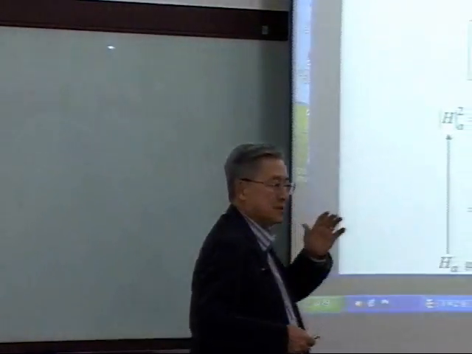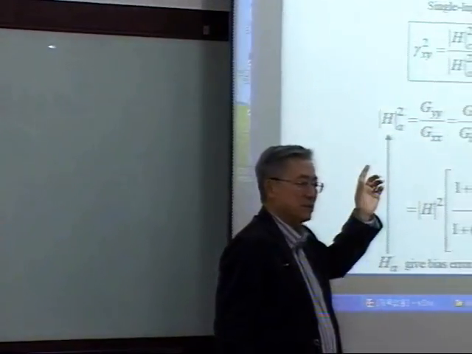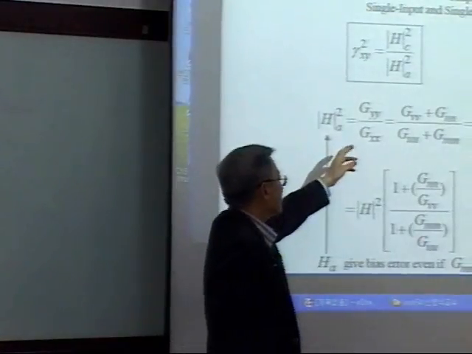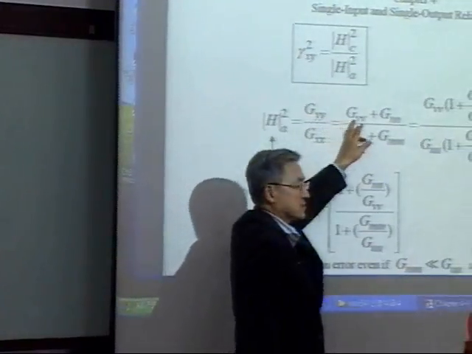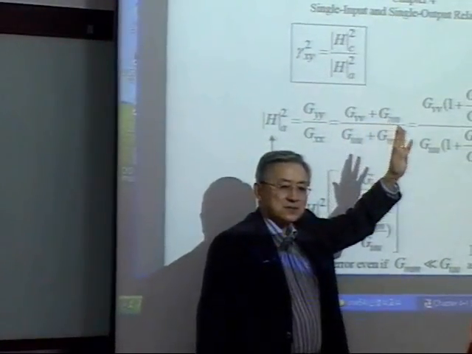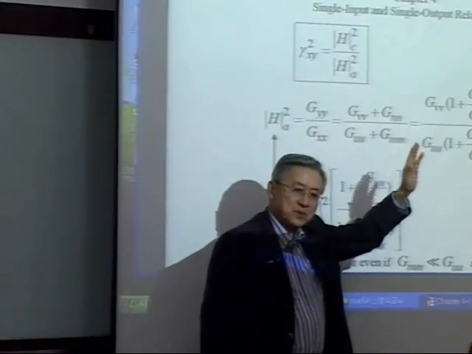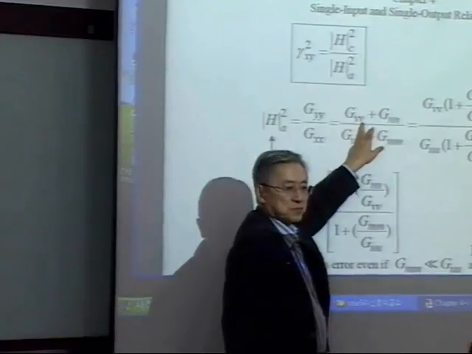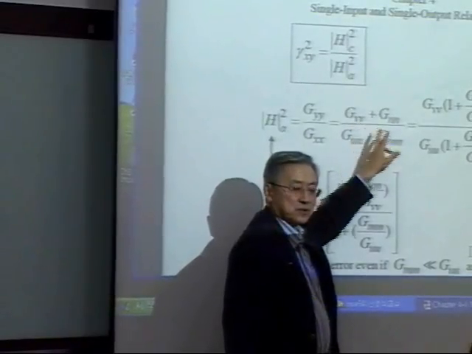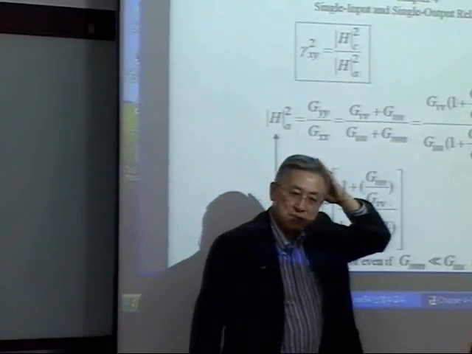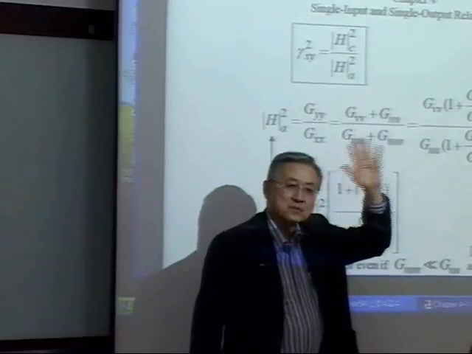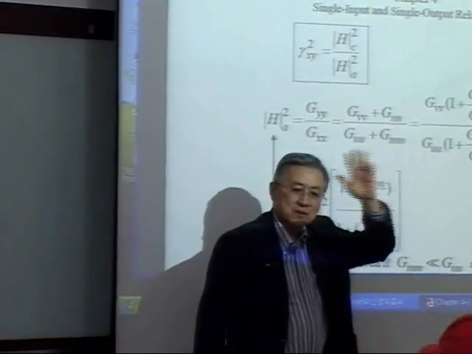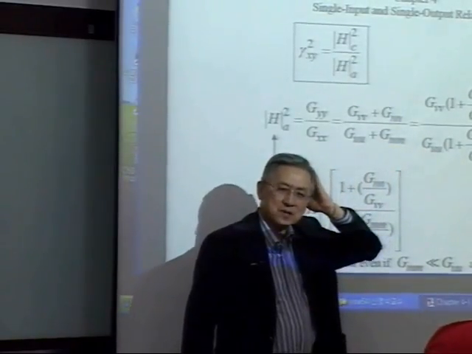Now, look at here. Everybody look at here. So here, in this expression, there is a noise in input, noise in output. This relationship, the numerator, does it ring a bell? Oh, that's it. You have any reservation?